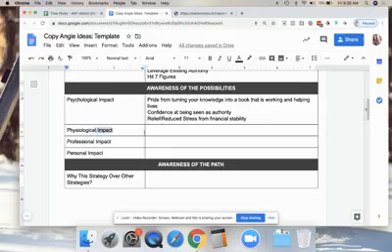Okay. Physiological impact. Everything that comes with reduced stress, right? When you reduce your stress, that impacts you physiologically. You feel better.